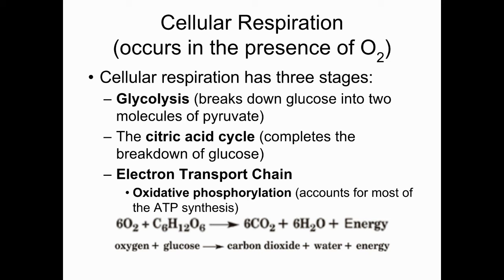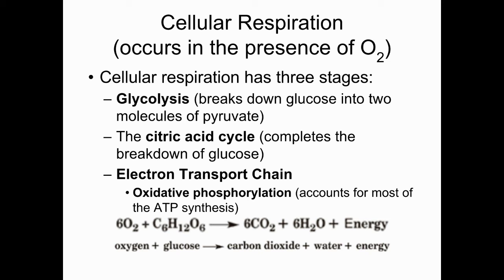Glycolysis, that's the starting point. Where does glycolysis occur? It does not occur in the mitochondria, which is where respiration occurs. It occurs just outside the mitochondria in the cytoplasm. From there, the molecules will move into the mitochondria, into the middle of the mitochondria, which is the matrix of the mitochondria.